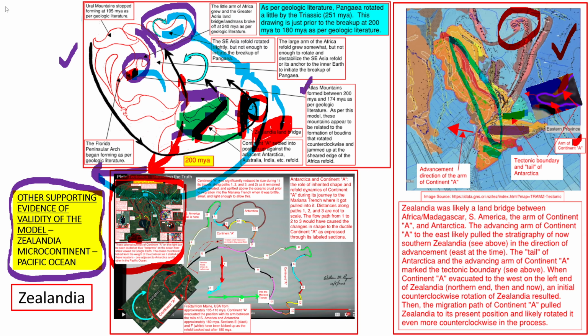So that matches. And there's this tectonic thing going on, which was the advancing arm of continent A. It shows like a displacement there. And to the right side of the nose of that extending arm of continent A is that land bridge. And you can see that in the original diagram, which I am circling now.